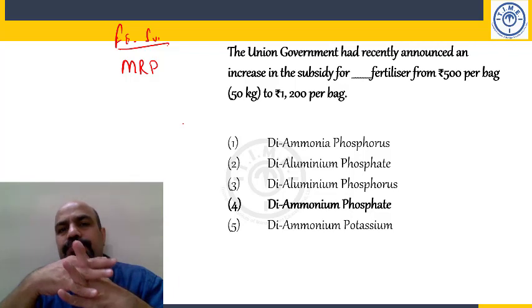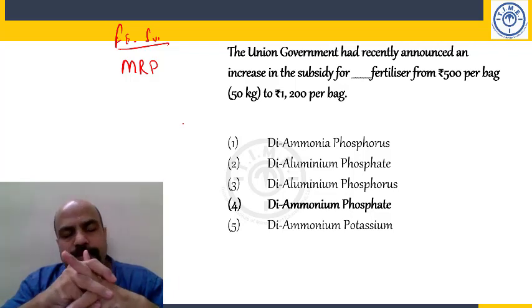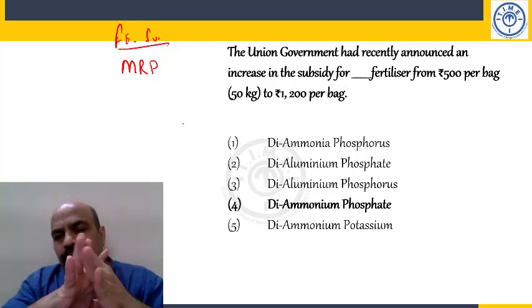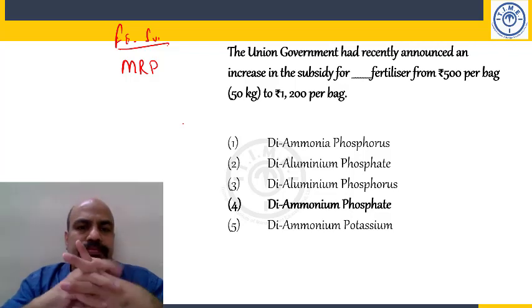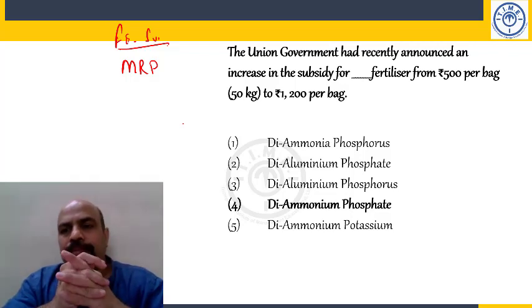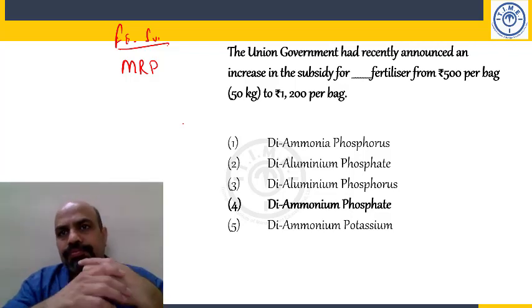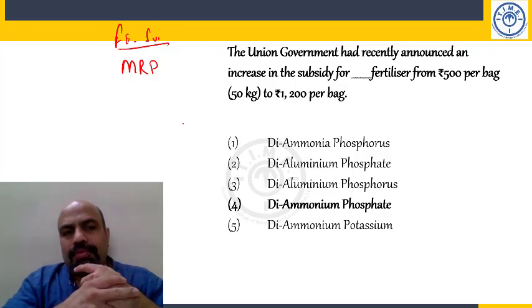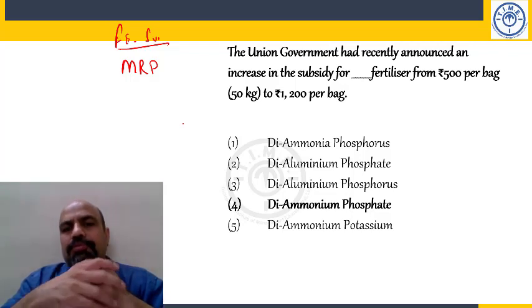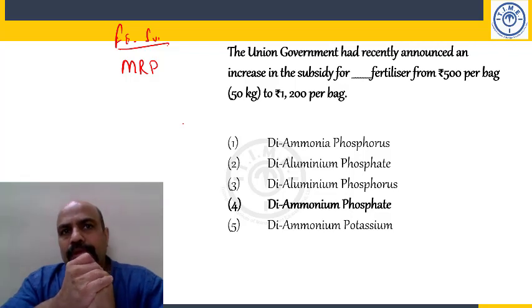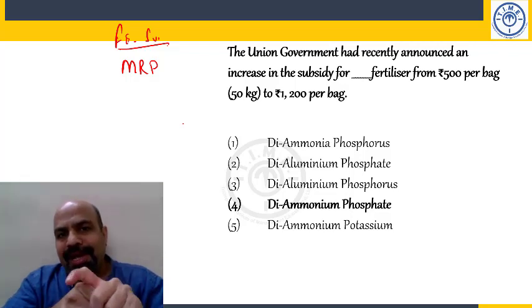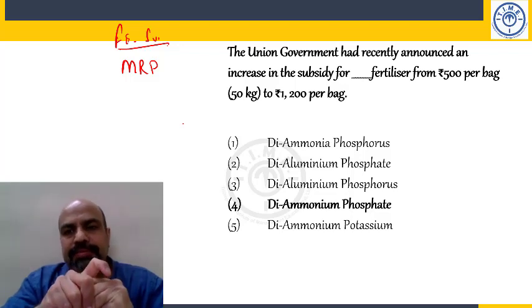Okay, full stop. The difference between the selling price and production cost is provided as subsidy.